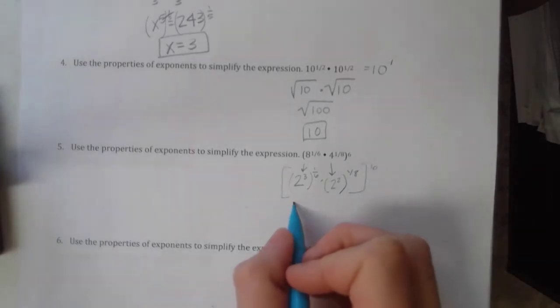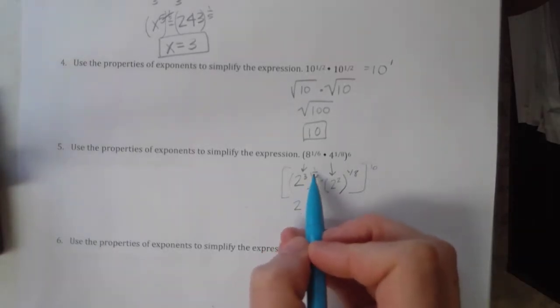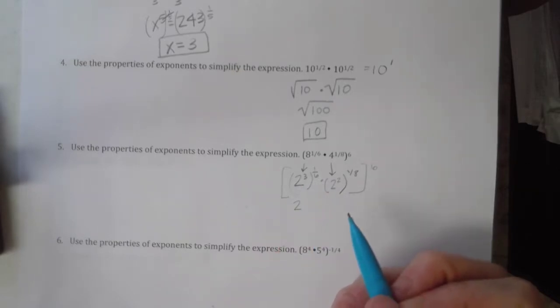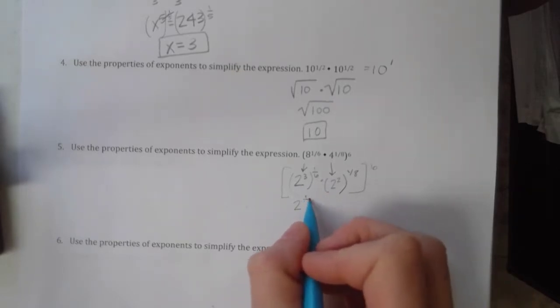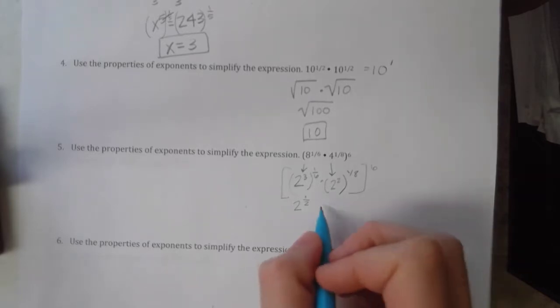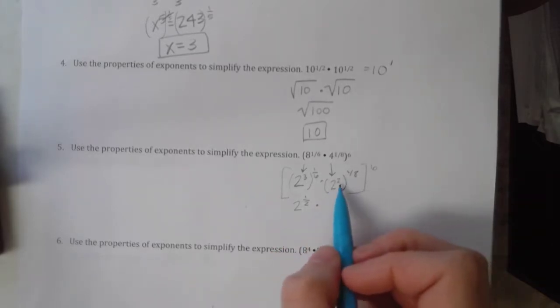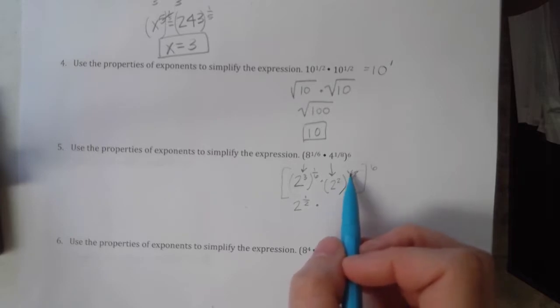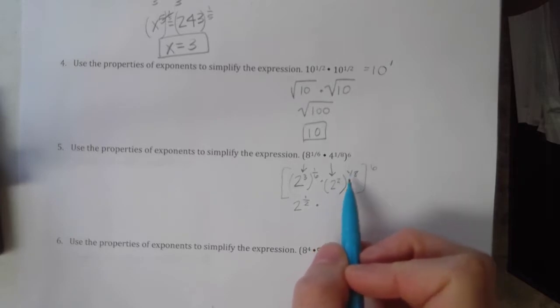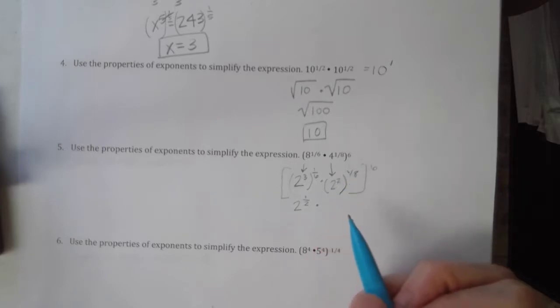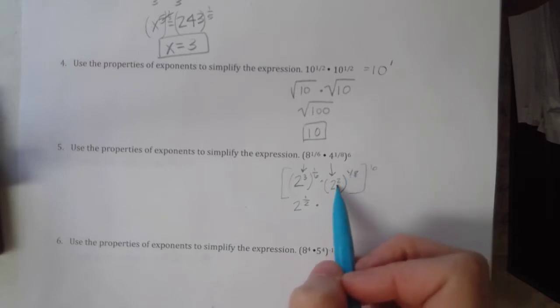Okay? So this is going to be 2 to the 3 times 1/6 is 3/6, or just 1/2. So that's 2 to the 1/2 power times 2 squared to the 1/8. We just multiply these exponents right here, and you get 2/8, or 1/4.